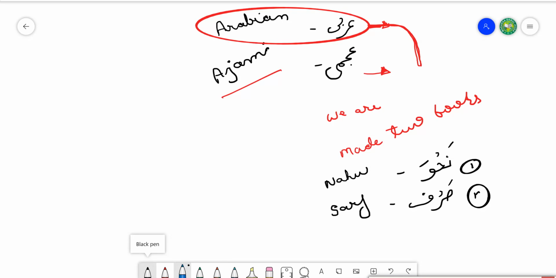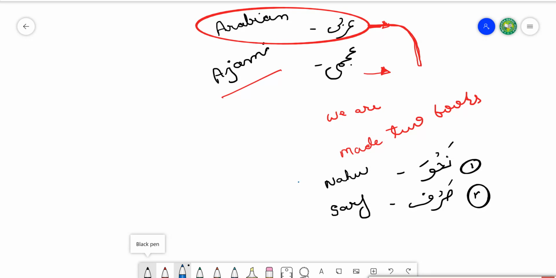So they made these two books so Ajami people, non-Arabic people, can read and understand the whole Arabic language very easily. We can say these two books are the books of Arabic grammar.